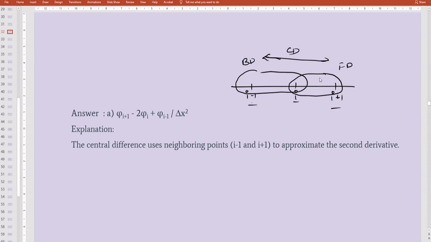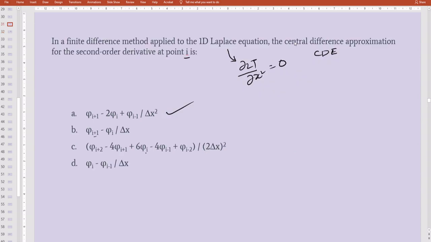In forward and backward difference, we only have 2 points, either i and i plus 1 or i and i minus 1, the immediate predecessor or successor and that particular point. Forward or backward difference terms will only have 2 points, while the central difference scheme has 3 points. If we keep that in mind, then it is simple.